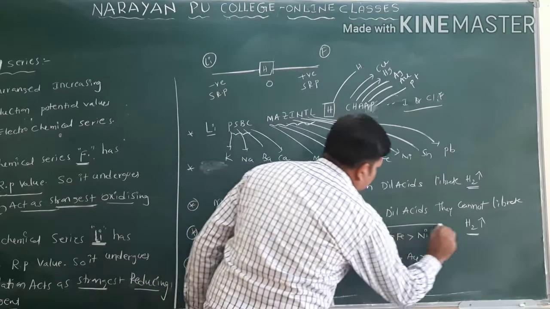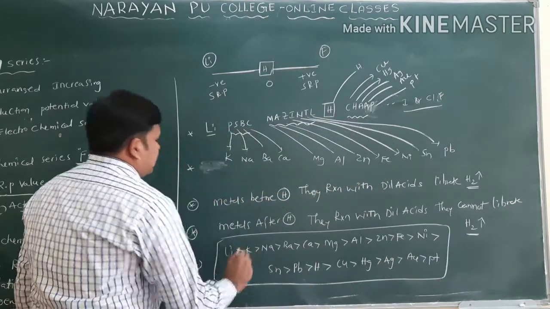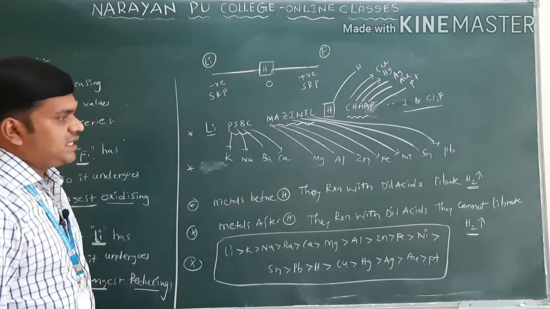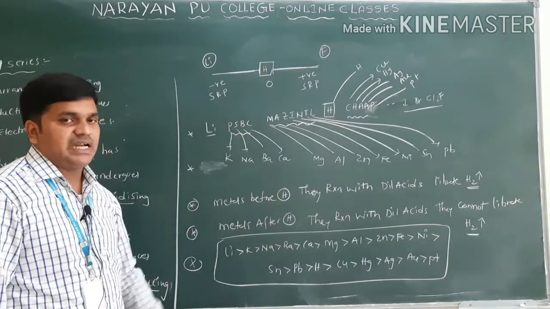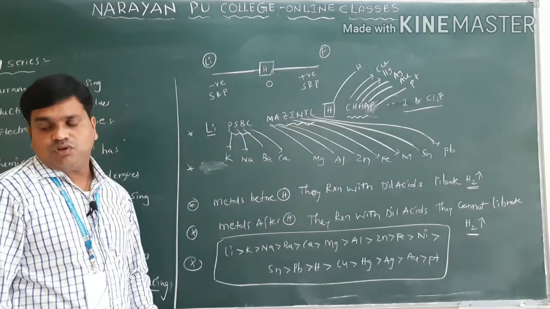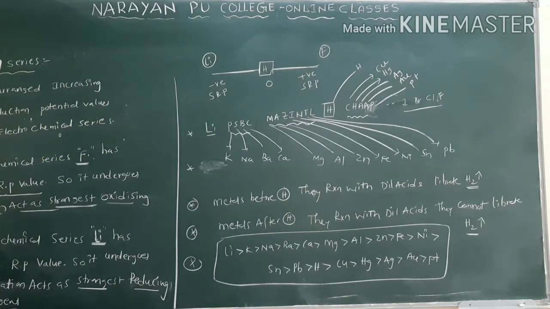So this is the reactivity series of the metals in the electrochemical series. Particularly, to keep this concept in your mind, you can easily write this electrochemical series. And what about the non-metals reactivity series?